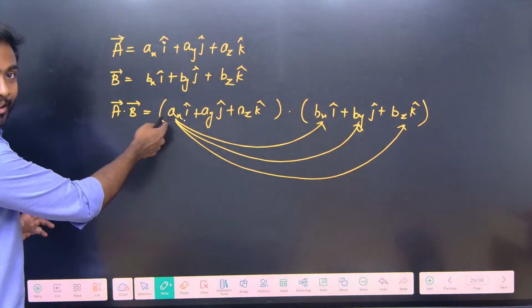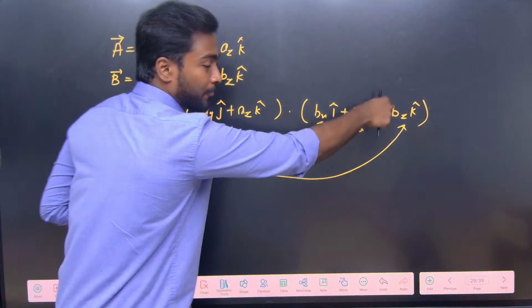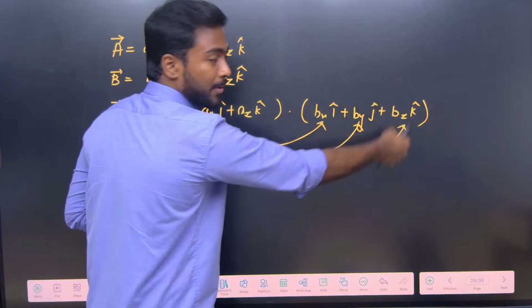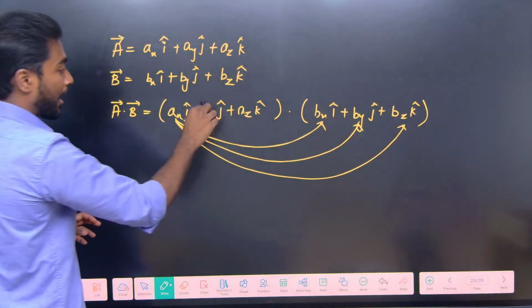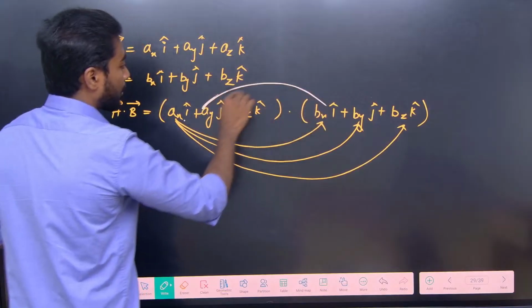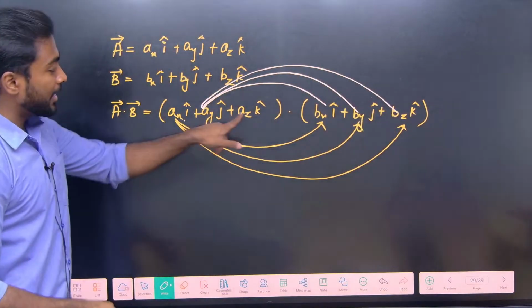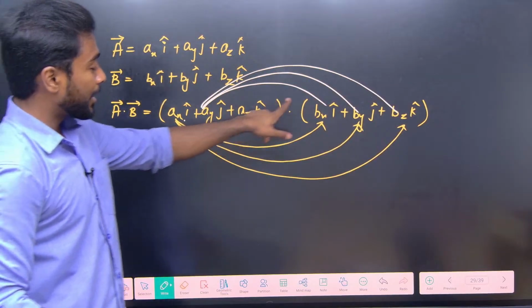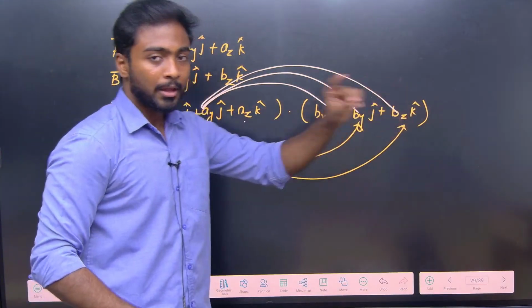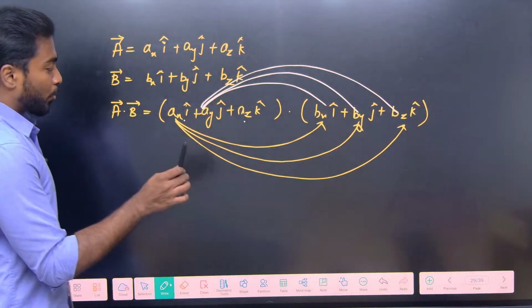If I take ax, I can multiply with bx, by, bz. If I take ay, I can multiply with bx, by and bz. When I take az, I can multiply with every b value.